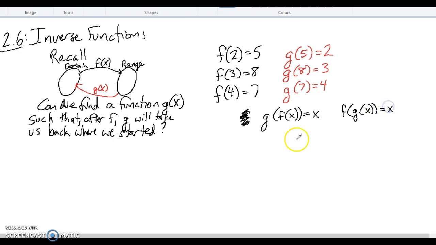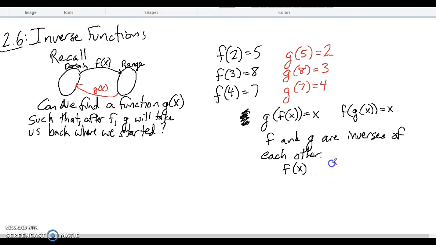If these two are true, then we say f and g are inverses of each other. And we will usually write f of x just like this, but g of x we will instead write f inverse of x.